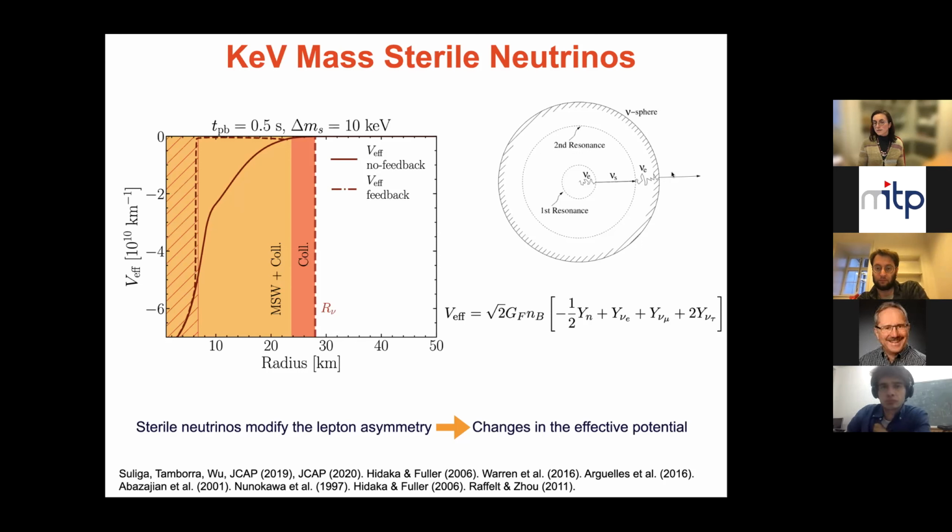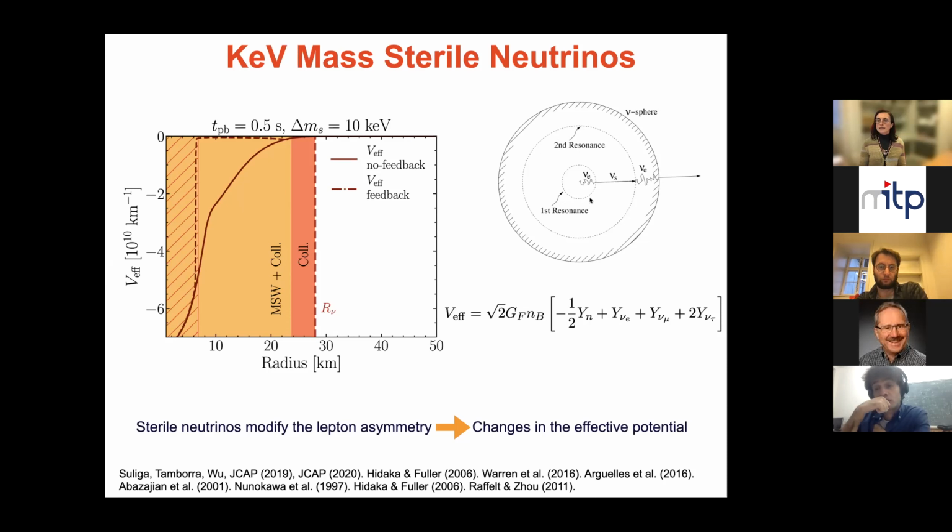Now, however, when we consider these kinds of conversions between the active and the sterile flavors, of course, we modify the lepton asymmetries that we have in the supernova core. So here you see a simple expression that tells you the matter potential with which the neutrinos are interacting. And you can see that it depends, for example, on the abundance of electron neutrinos minus antineutrinos.